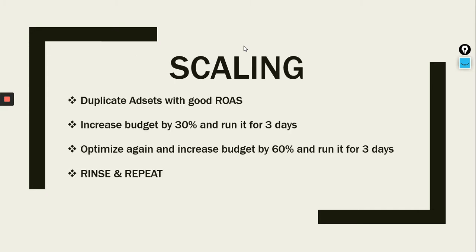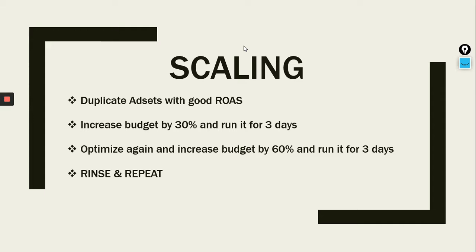Now, scaling. There's no one way of scaling. Everybody's different, people do scaling differently, and there's no one rule of how to do scaling, but this is how I do scaling with my ads.